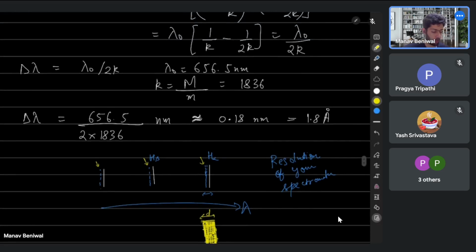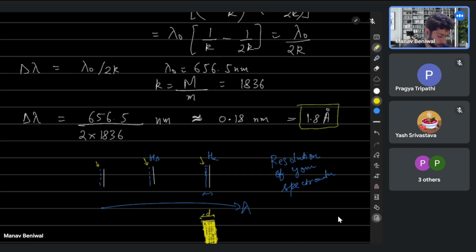Now the purpose of solving this problem is to get this value, 1.8 angstroms. You can see that this value is very small, 10 to the power minus 10 meters. So you need very fine spectrometers to get this value.